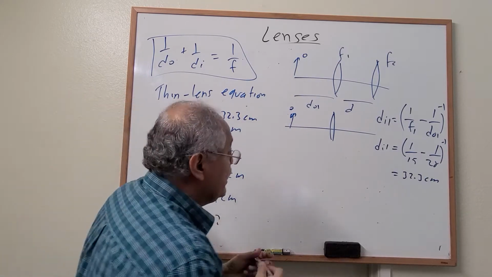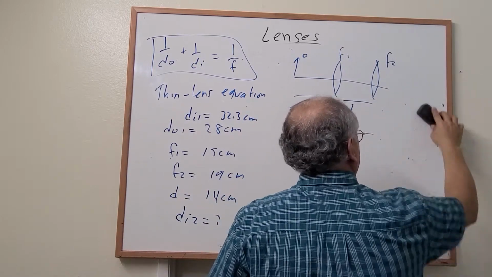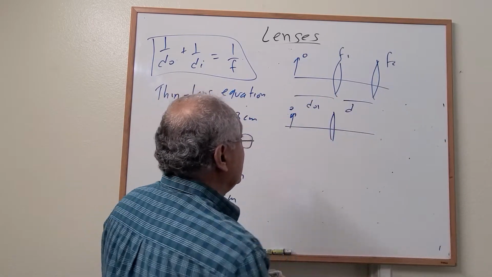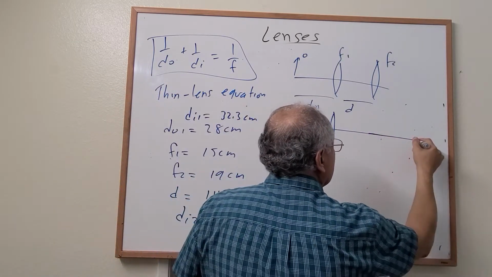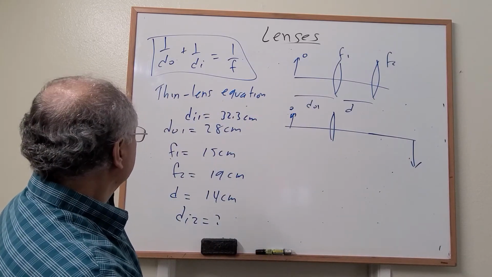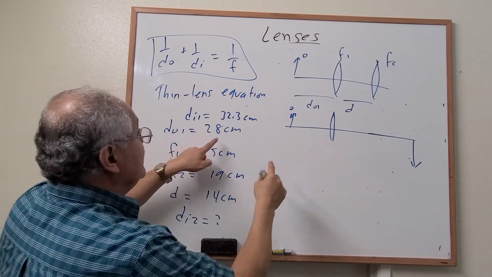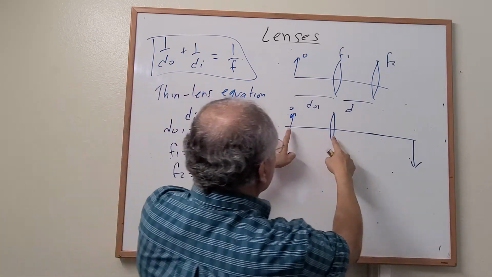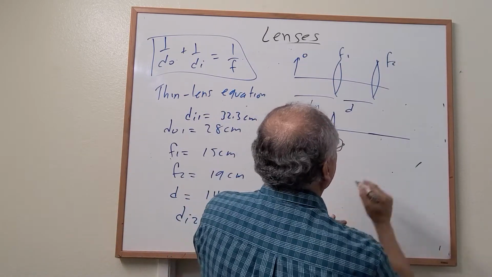It means the object is right here, and the image is going to be right here, because this distance is 28 and this one is 32. Let's make it roughly to scale.